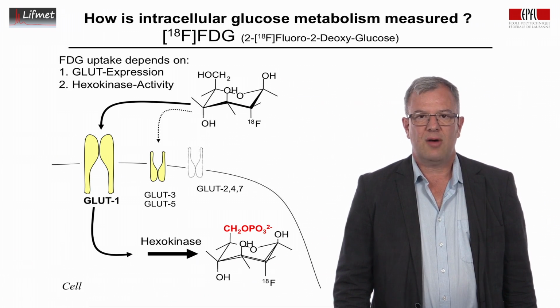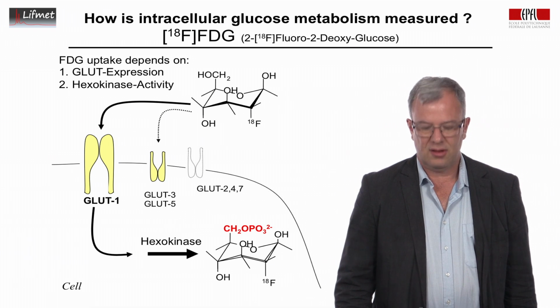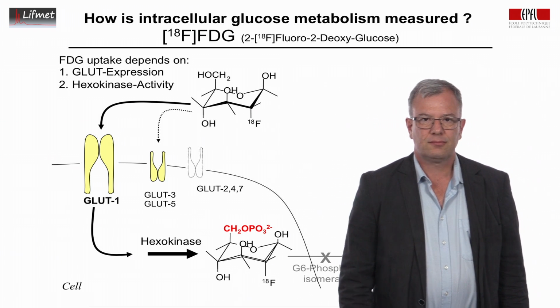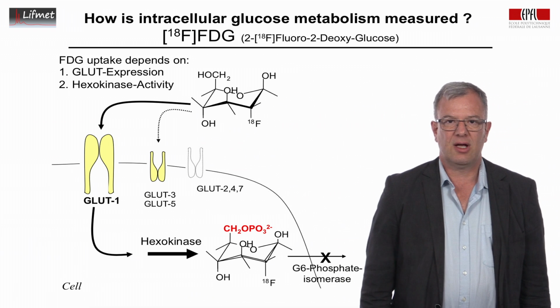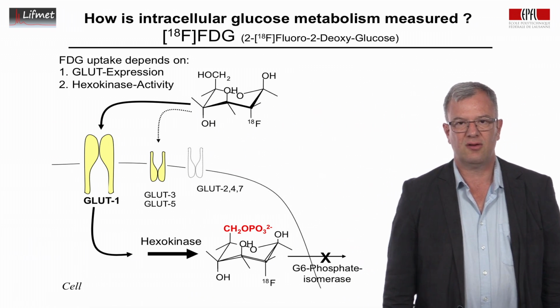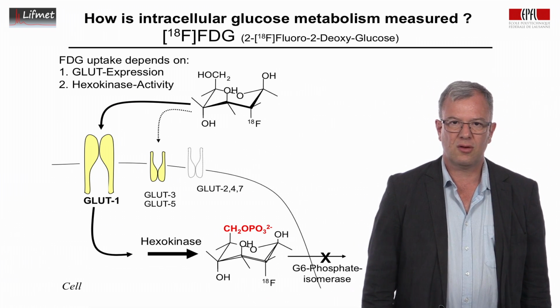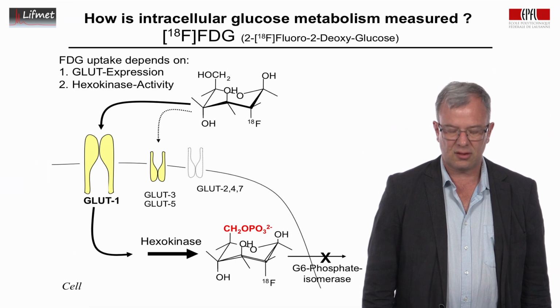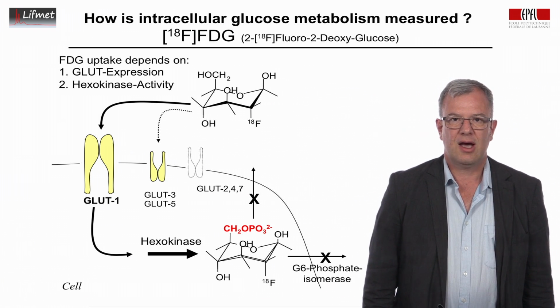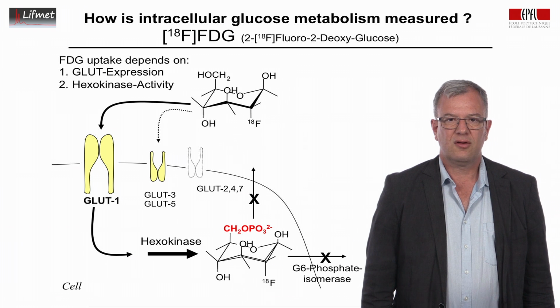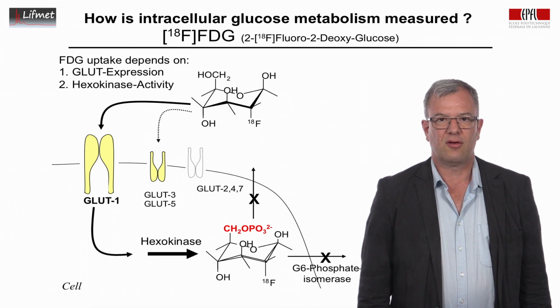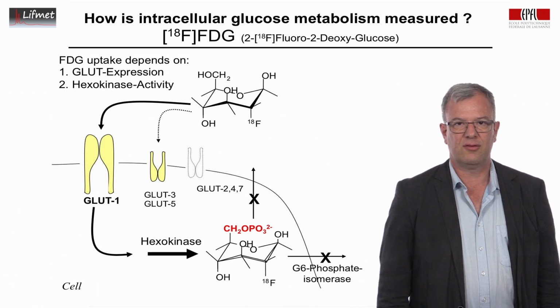This molecule now has interesting properties. Number one, it cannot be further metabolized by the next enzymatic step in glycolysis, so glucose 6-phosphate isomerase does not metabolize deoxyglucose 6-phosphate, so this does not go on. And deoxyglucose 6-phosphate is not transported out of the cell.